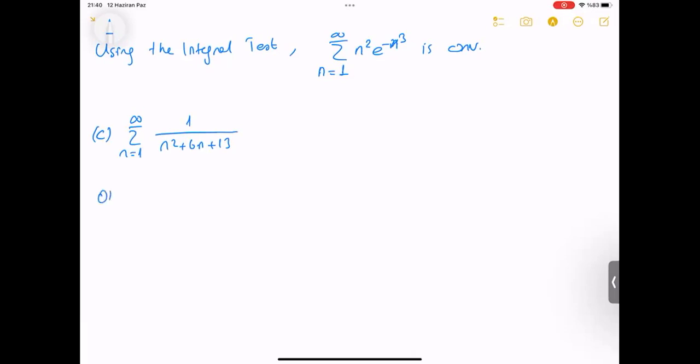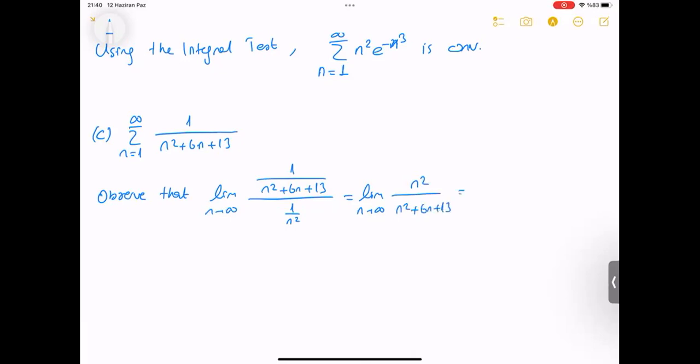So observe first the limit of this one over 1 over n squared. It's equal to the limit of this one, so it's equal to 1, which is greater than 0.